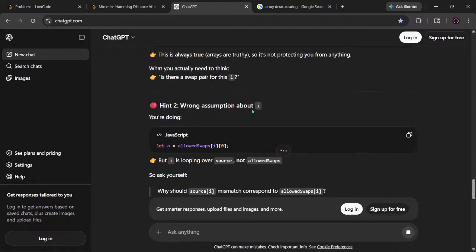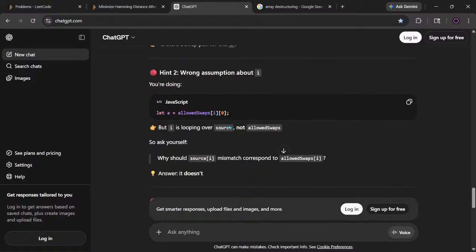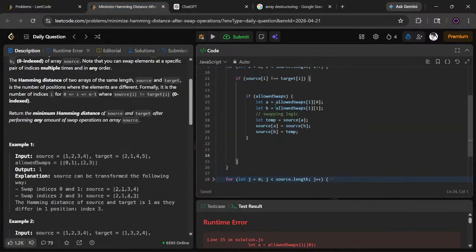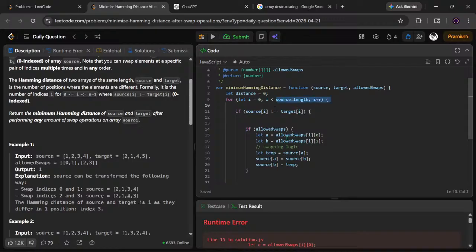Wrong assumption. Oh, you mean I have to run on the allowed indices?